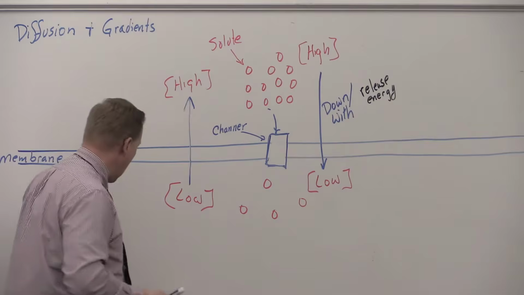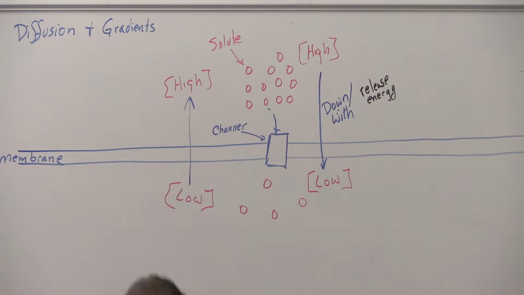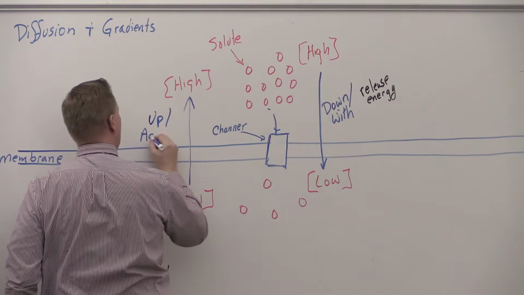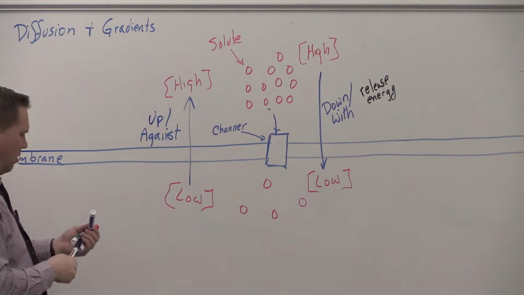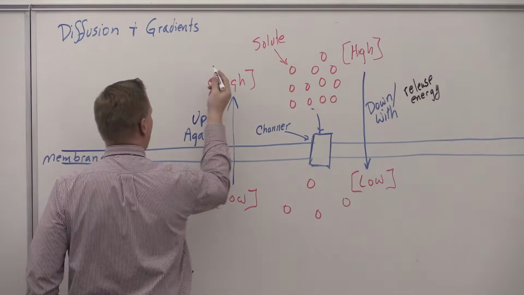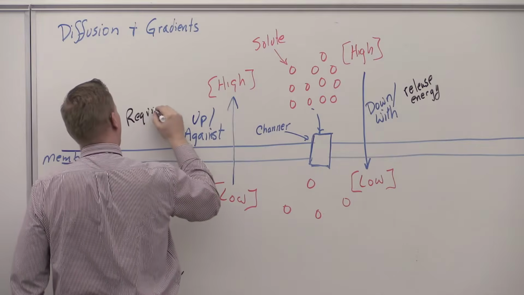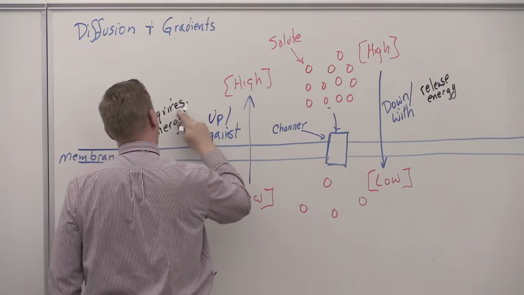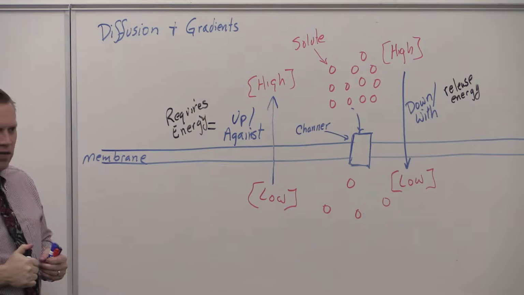And as you might guess, that is called moving up. Or we would also say it's moving against the concentration gradient. Well, if we released energy moving down our concentration gradient, then when we move up our concentration gradient, this requires energy. And so that's what a concentration gradient is.